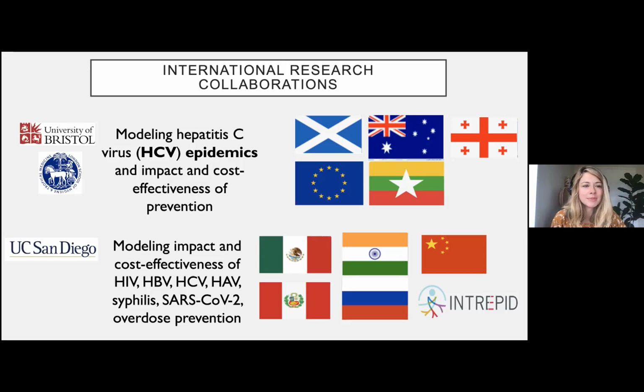For example, I have an NIH grant where we're simulating HIV prevention in 108 countries. Of course, I'm not going to all of those countries, but we're working in 9 key countries. We're working in country with collaborators, policymakers, and key stakeholders, working with the data, working on the questions, and really having that formal, in-depth research collaboration. That's really great, and has taken me across a lot more global settings, which has been great.